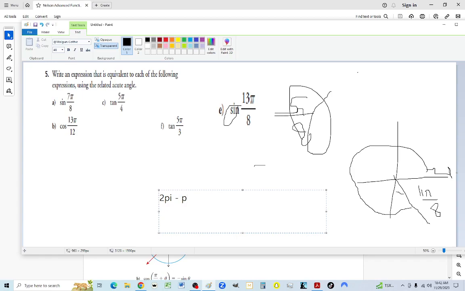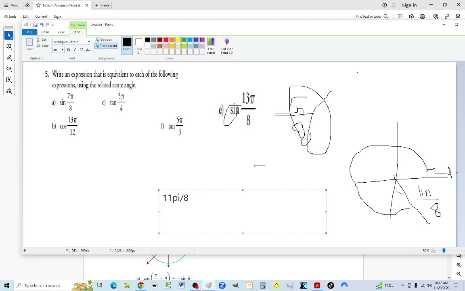Let's do it this way. What is 2 pi minus 5 pi over 8? Multiply this by 8. 16 minus 5. Yeah, I got it. It's 11 pi over 8. So that's the same as sine. It's actually the same as the negative sine because it's negative in that area.